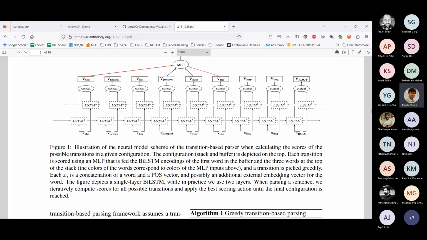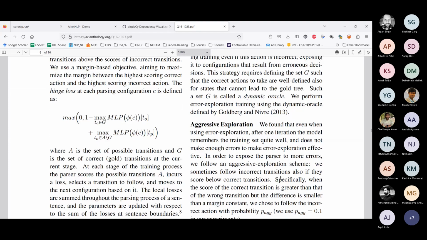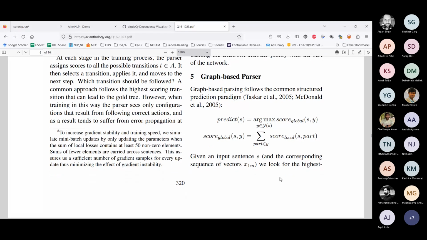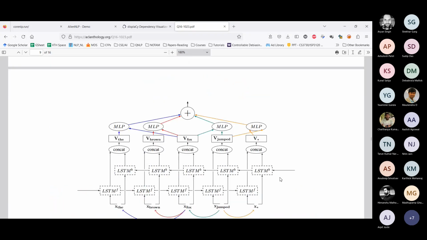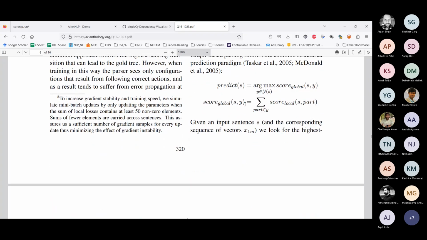So they want to predict a score. Essentially, for each part they are assigning the score for y. And what is y?